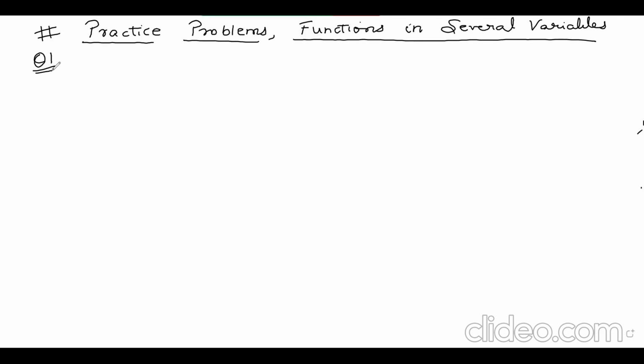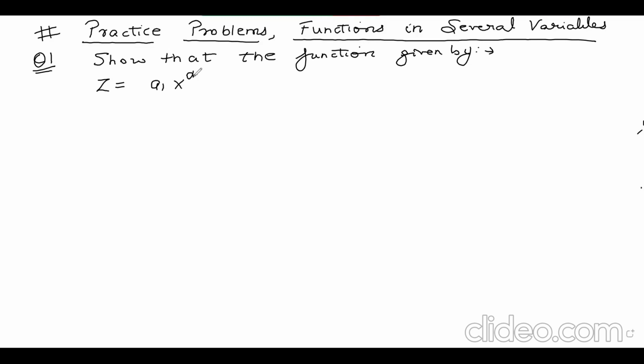Show that the function given by z equals a1 x to the power alpha 1 y to the power 1 minus alpha 1 plus a2 x to the power alpha 2 y to the power 1 minus alpha 2 is linearly homogeneous.